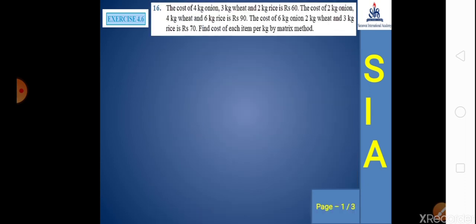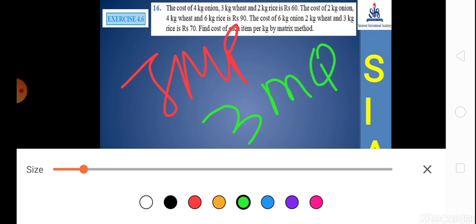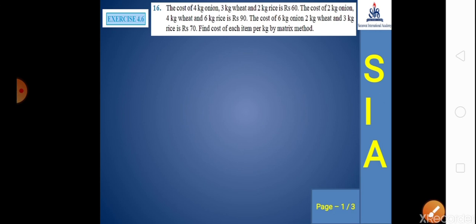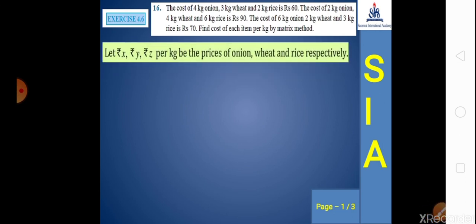4.6 continues. Question number 16. Yes students, this sum is also a board question and has already been asked in exams, important for 3 marks, either 4 marks. The cost of 4 kg onion, 3 kg wheat and 2 kg rice. Suppose that onion, wheat and rice are priced x, y and z per kg.